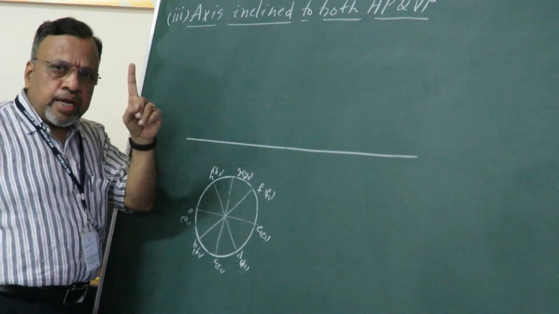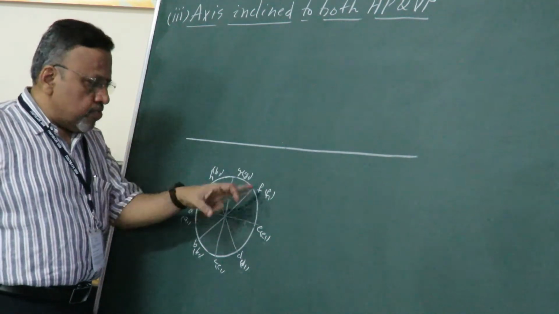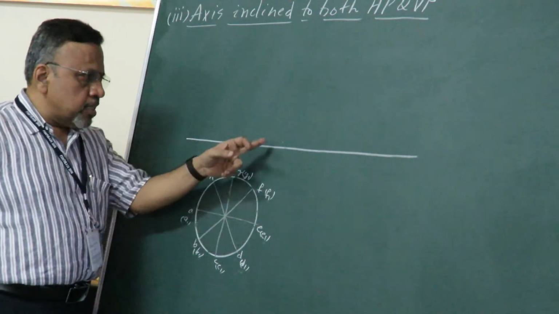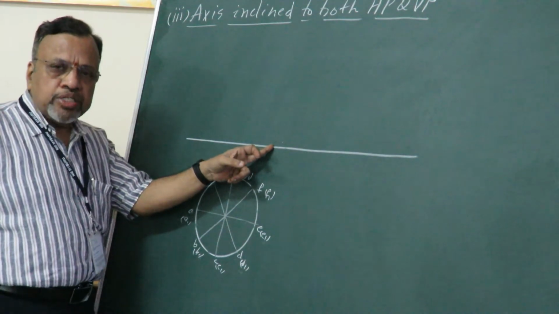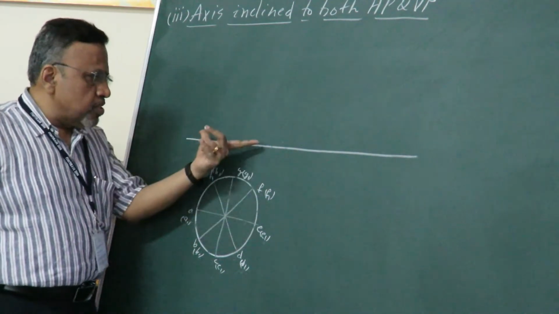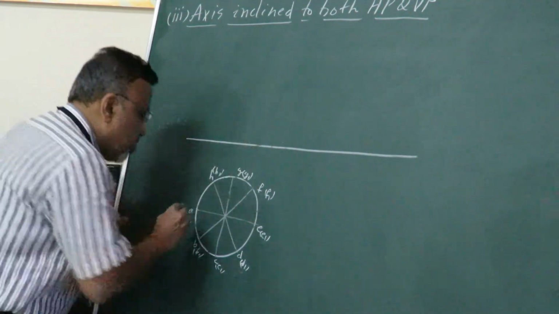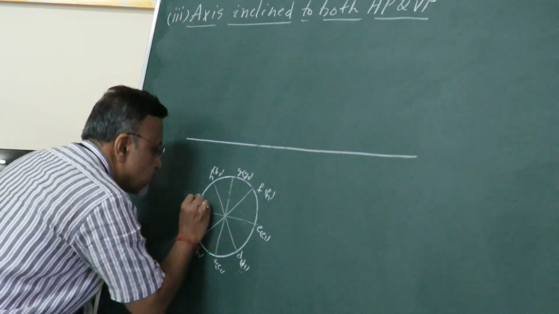Now anyway I told you that one of the circumference points of this particular cylinder is resting on HP. So what I do is I will consider one of the bases on the XY line itself. Okay. So let me draw that.